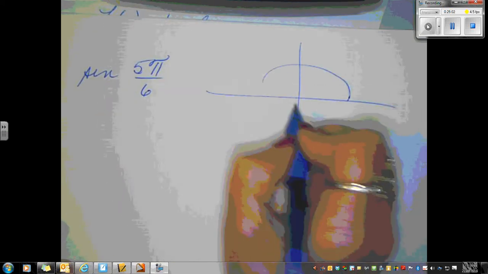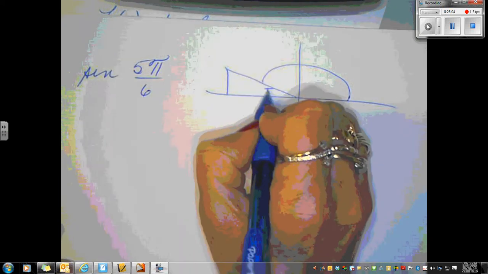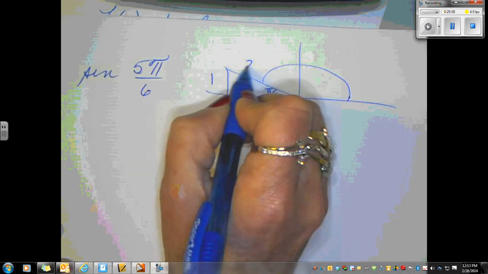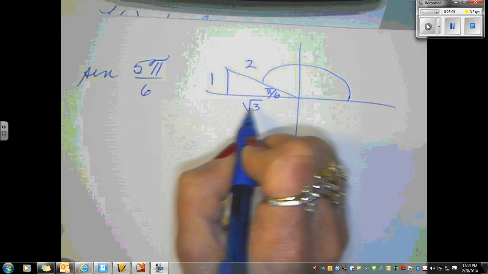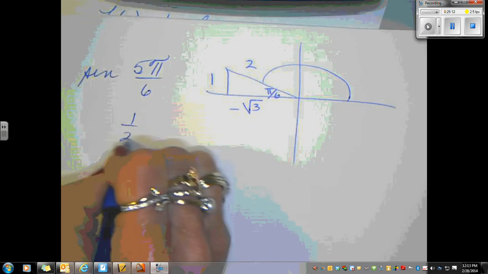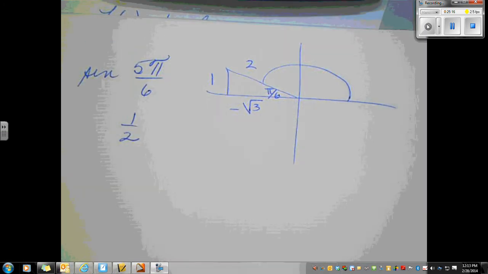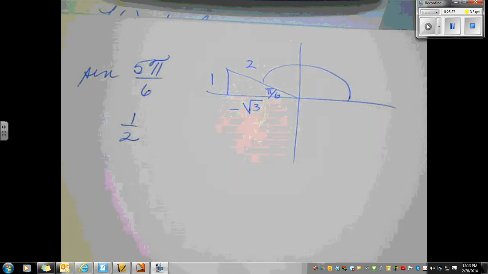That is all the way over here. I've got pi over 6 left. That's 30. So this is 1, 2, radical 3. What sine of that? 1/2. Do you know those? Know them. You need to know your 30s, your 60s, your 45s. Okay, and how to go around. You also need to know the 90, the 180, that stuff. That I tell you all the time, but everybody's like, okay.